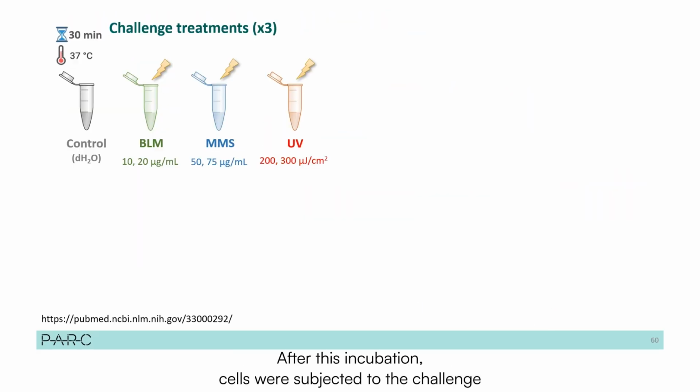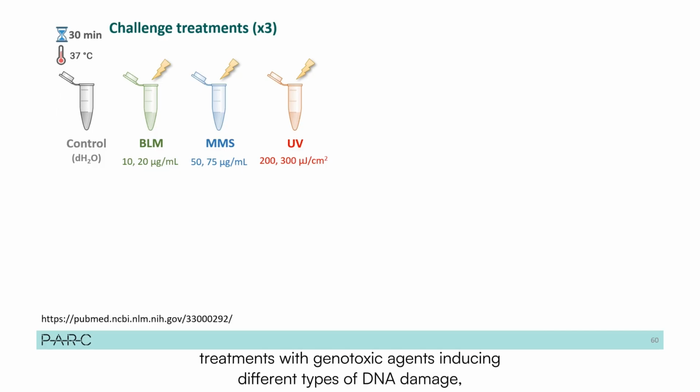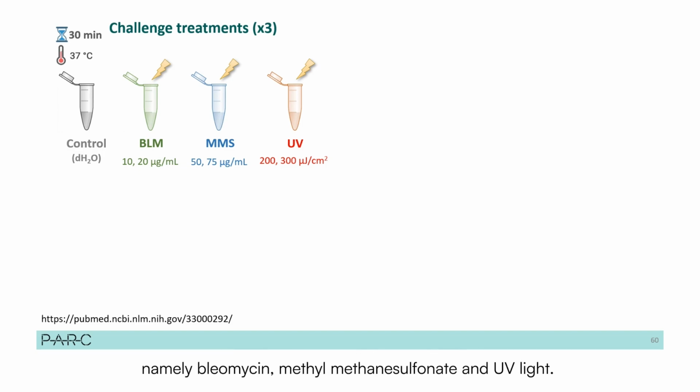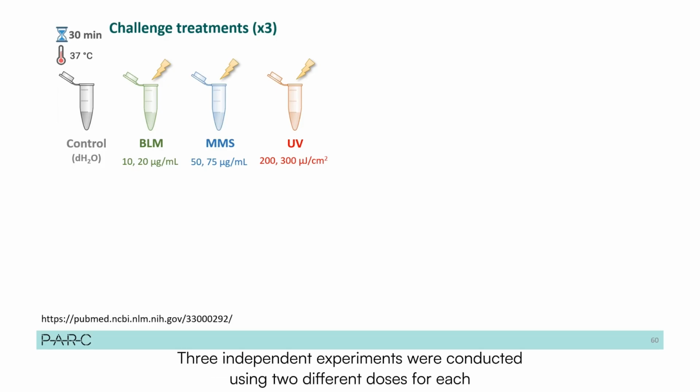After this incubation, cells were subjected to the challenge treatments with genotoxic agents inducing different types of DNA damage, namely bleomycin, methyl methanesulfonate, and UV light. Three independent experiments were conducted, using 2 different doses for each challenge agent.